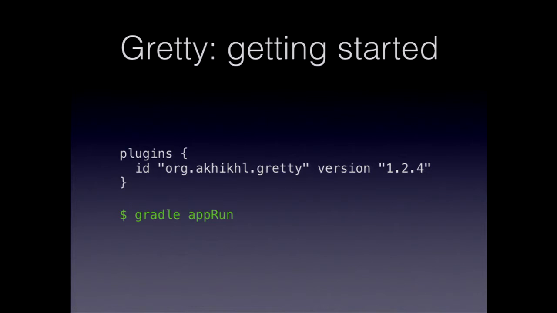The default is Jetty 9, and it will feed class path, resources, everything to that servlet container. What is important to note is that appRun does not build a WAR file. It runs in place. This is essential for accelerating things a little bit.